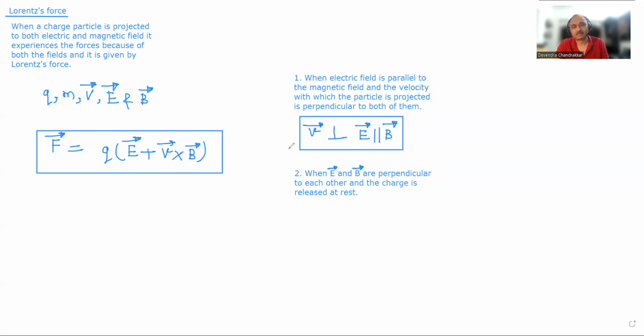So these are the two things which we will be discussing today. So initial velocity V is 0 and E is perpendicular to B. Write this once, and then we will go and solve it. Please write it.